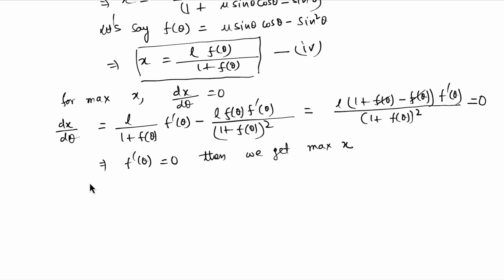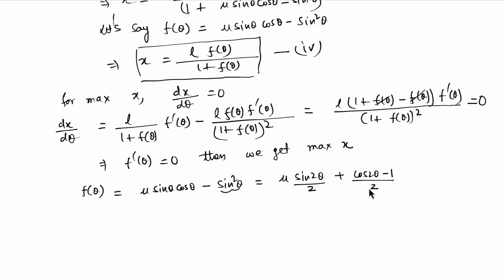Now, what is f theta? We already know it is mu sine theta cos theta minus sine square theta. So this is mu sine 2 theta by 2 minus (1 minus cos 2 theta) by 2, which is 1 by 2 [mu sine 2 theta plus cos 2 theta minus 1].